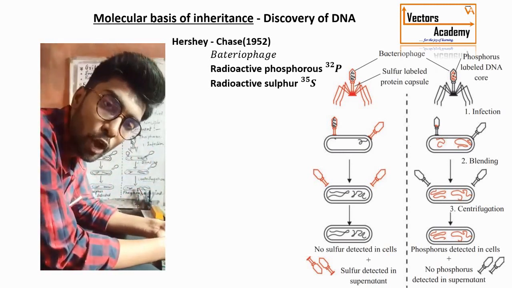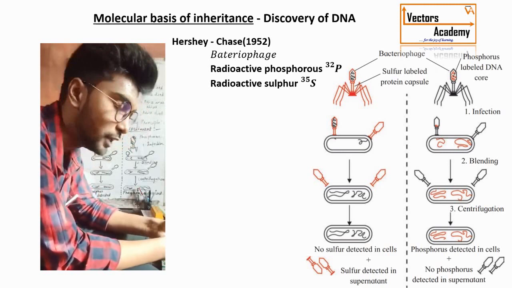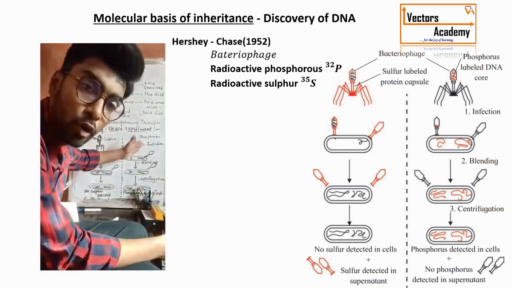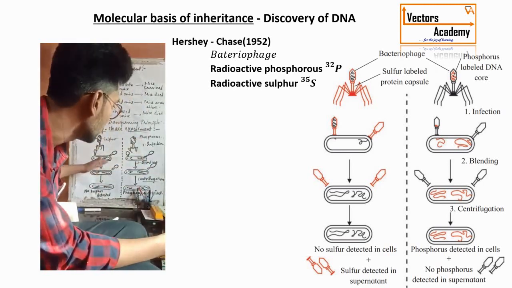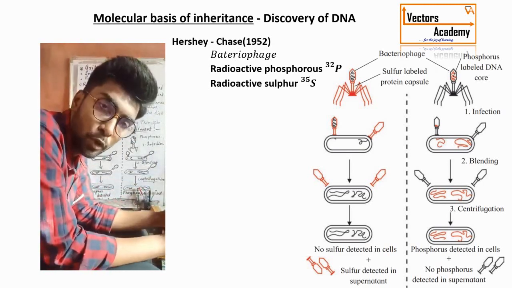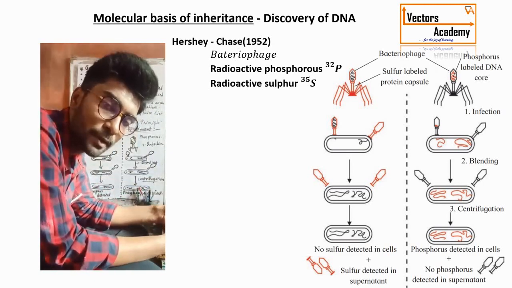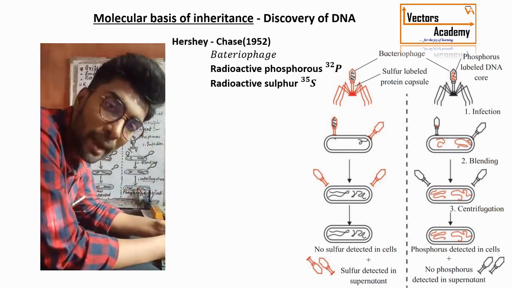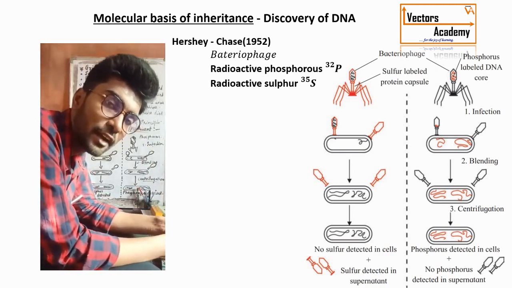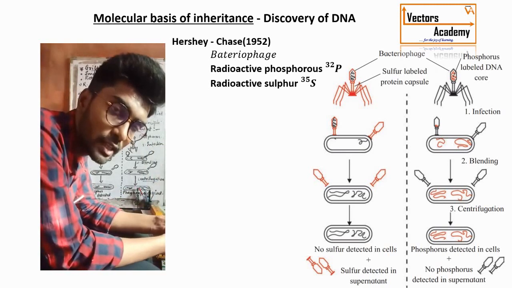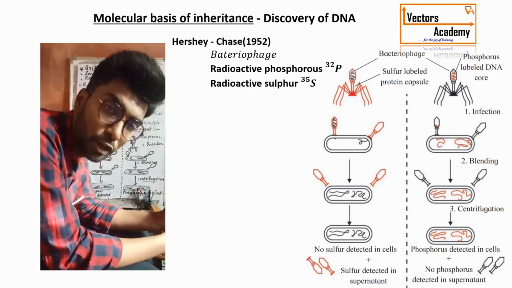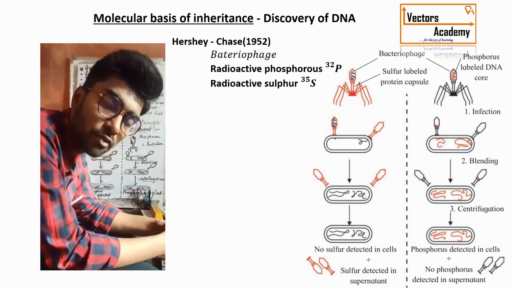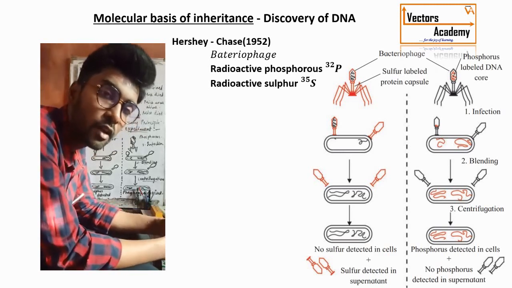Sulfur gives radioactive protein but no radioactive DNA, as DNA is made up of phosphorus and proteins are made up of sulfur. Now the protein coat, that is the capsid, was removed by the centrifugation technique. They were further transferred into the bacterial cell, and the radioactive DNA had the ability to penetrate inside the bacterial cell, whereas the radioactive protein did not. That's why DNA is considered the genetic material.